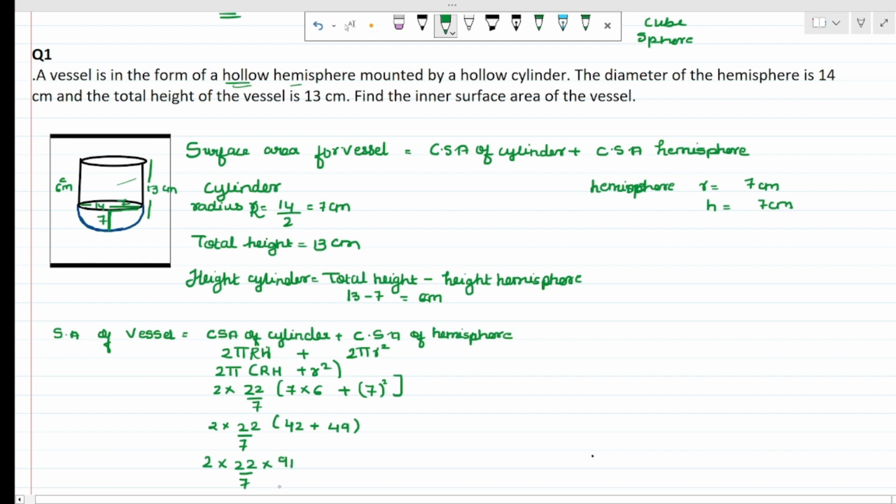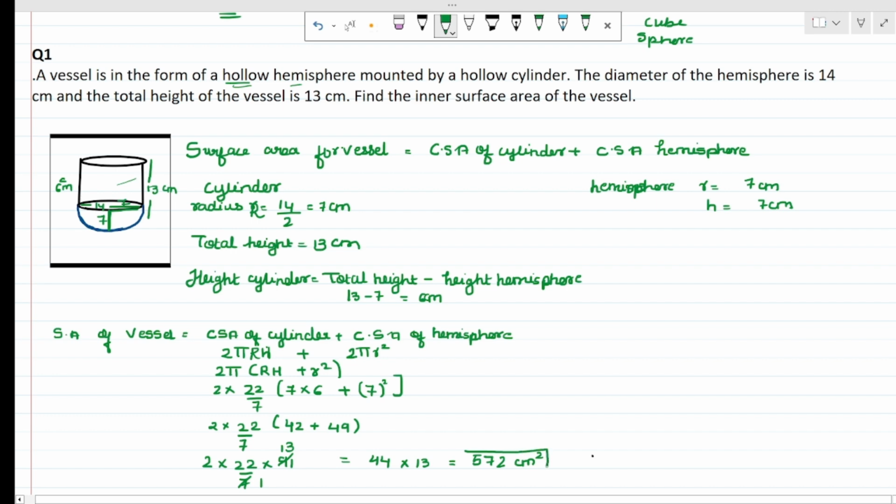Now 91 divided by 7: 7 ones are 7, 7 13s are 91. So you are left with 2 multiplied by 22, which gives you 44, and 44 multiplied by 13 gives 572 centimeter square. So your answer is 572 centimeter square.